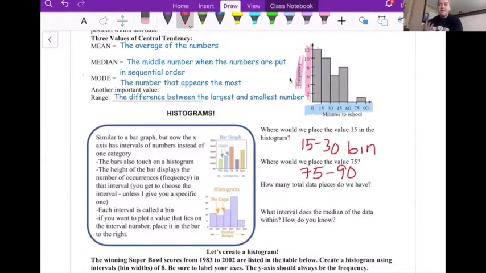Even though we don't have the data in front of us, we can still figure out how many data pieces we have, because there's 12 in the first bin, then 10 in the second bin, 6 in the third bin, 8 in the fourth bin, and then just 1 in our last bin. And so if we add these together, we would get 37. And then we're not going to worry about this last question.